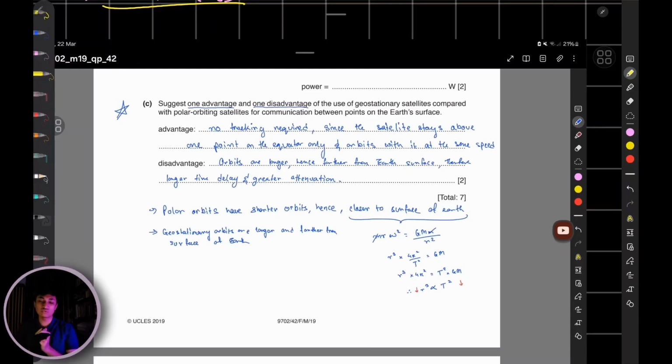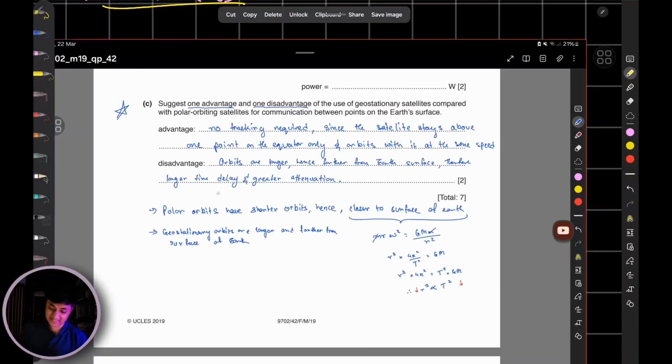So you don't need to do any bit of tracking. The disadvantage though is the orbits are longer, hence further from the Earth's surface, because the orbit is 24 hours, right? So it is further from the Earth's surface, the separation is much bigger.